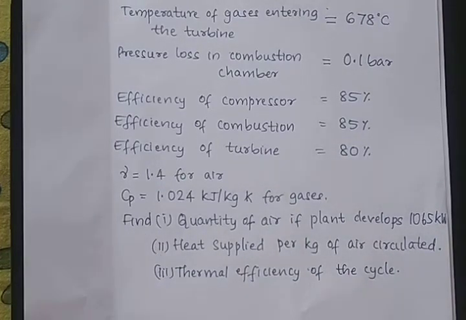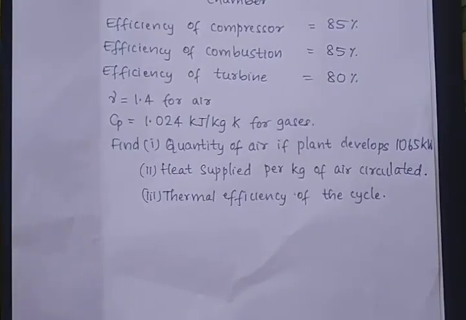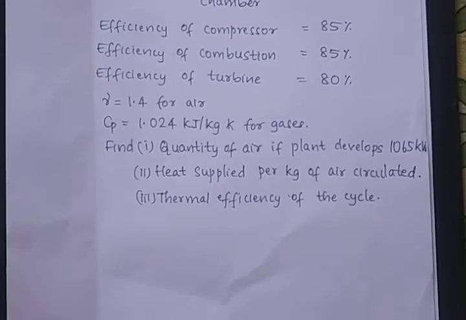Find 1. Quantity of air if plant develops 1065 kilowatt. 2. Heat supplied per kg of air circulated. 3. Thermal efficiency of the cycle. So now what we will do is we will draw the TS diagram.